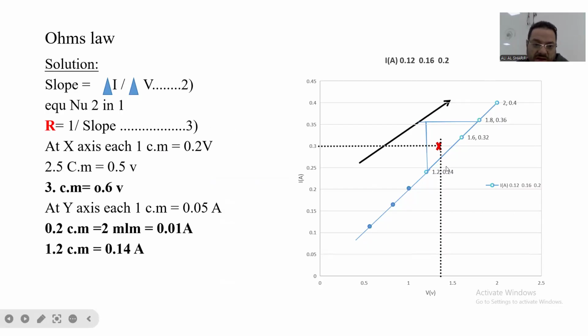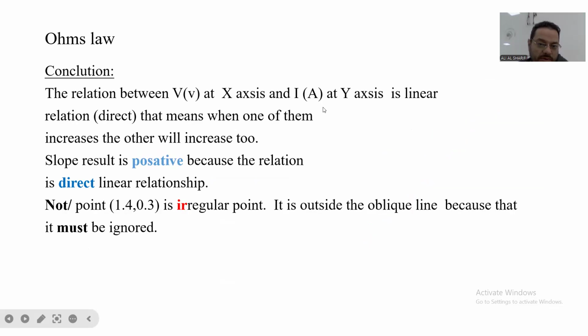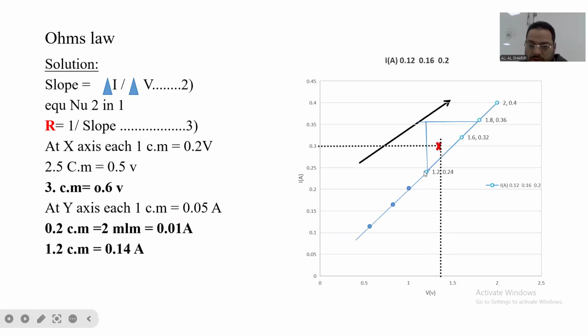Here, let's calculate the slope. By that it will be 0.35 minus 0.25 divided by 1.8 minus 1.2, to be equal to 0.2. 1 divided by 0.2 will equal 5 ohms.